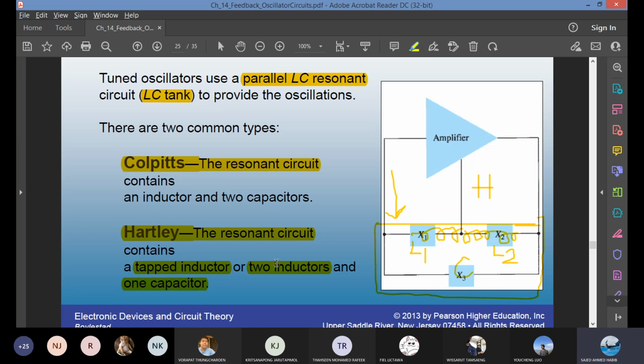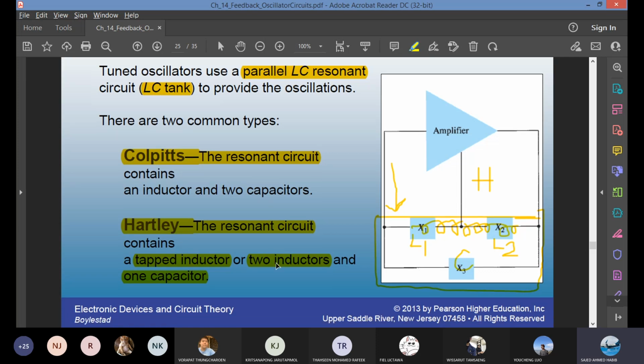Inductor also has reactance. Formula for capacitive reactance is 1 over 2 pi FC. Formula for inductive reactance is 2 pi FL. The reactance is expressed in ohms.